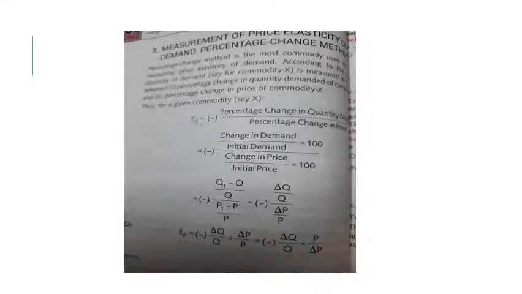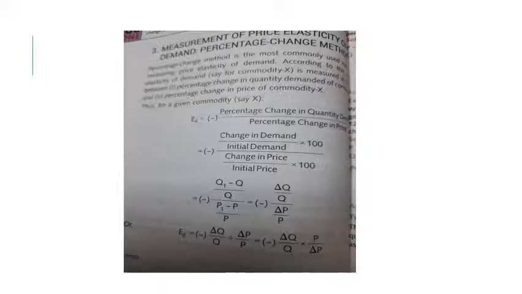So elasticity of demand is equal to minus percentage change in quantity demanded divided by percentage change in price. Percentage change in quantity demanded is equal to change in demand upon initial demand multiplied by 100, and percentage change in price is change in price upon initial price multiplied by 100.